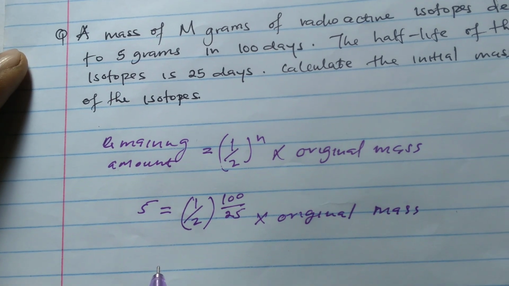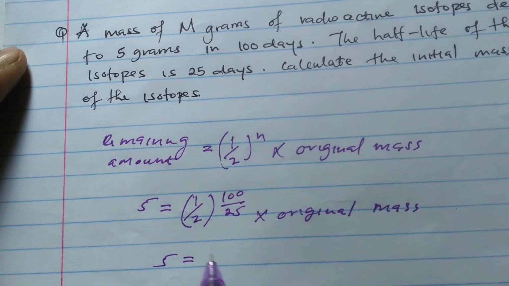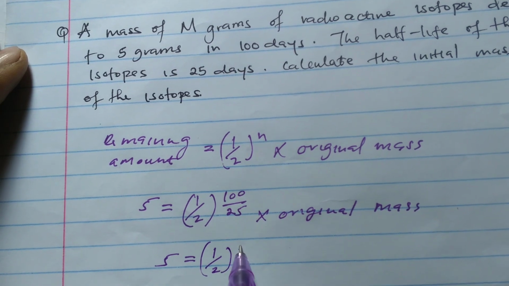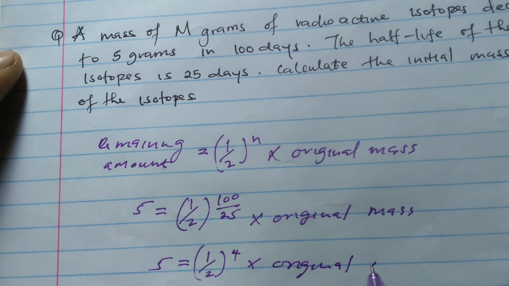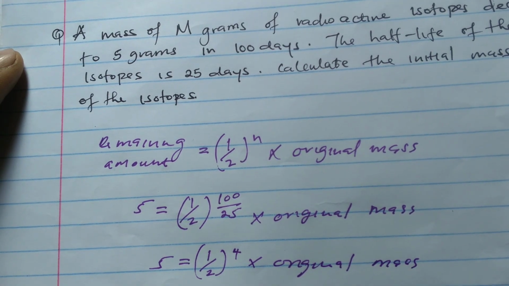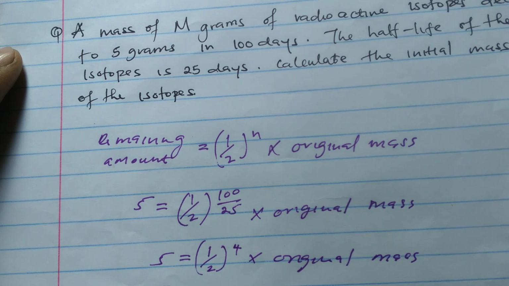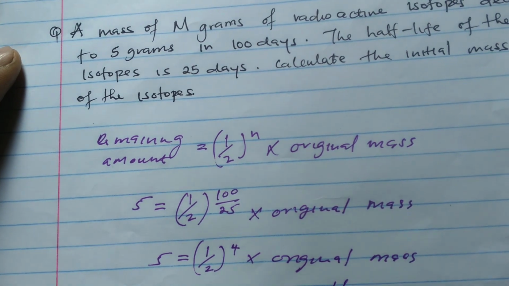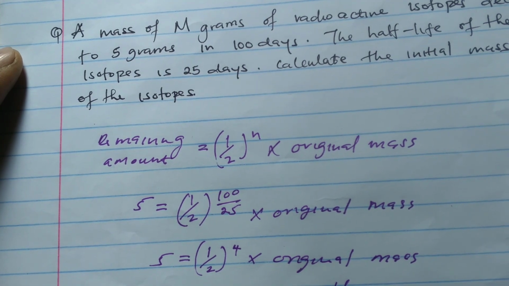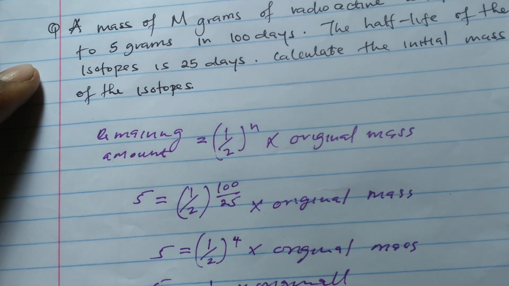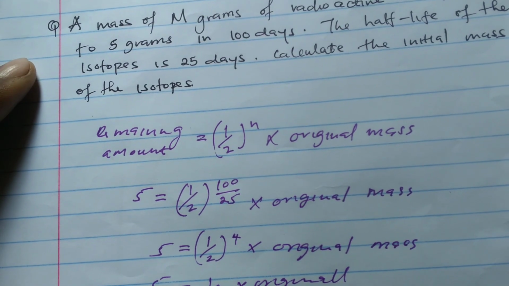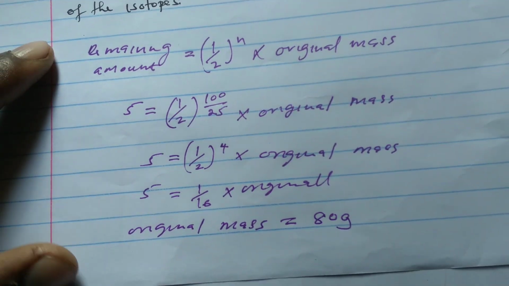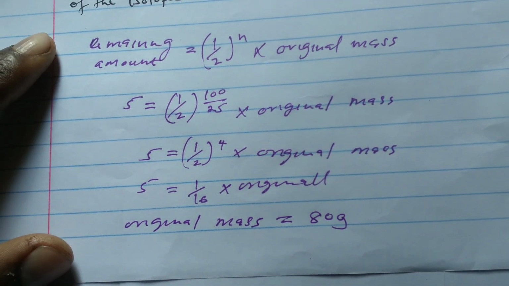So 5 is equal to 1 over 2 in brackets raised to 4, times original mass. So that will be 5 is equal to 1 over 16 times original mass, which means the original mass will be 80 grams.